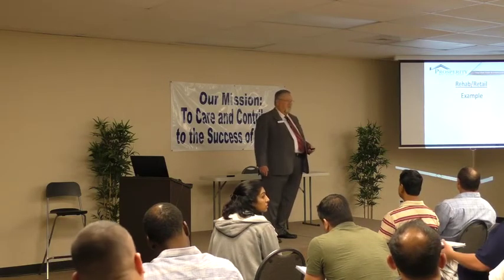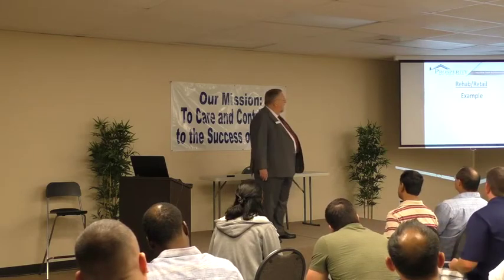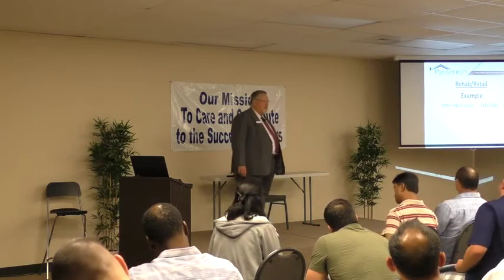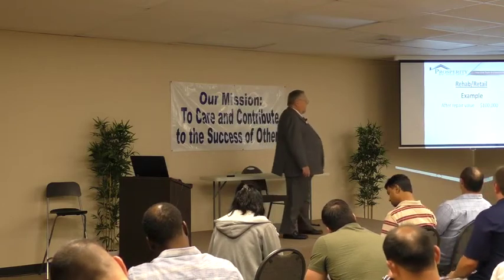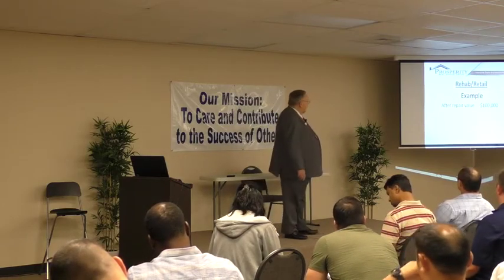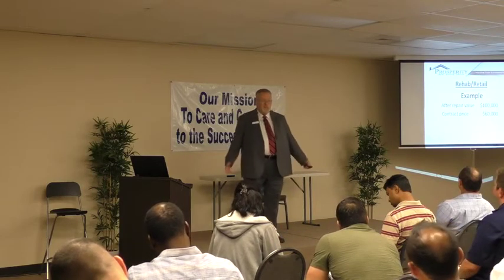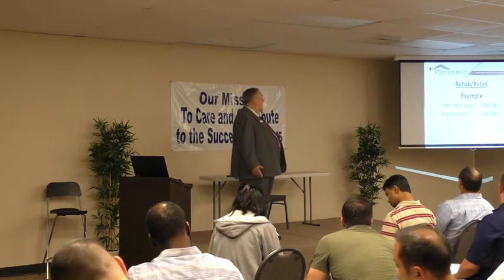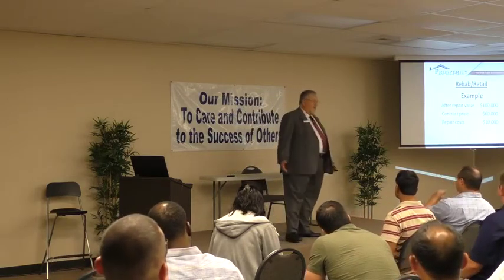And here's an example of a standard flip. This is a hypothetical. You have an after repaired value, or an ARV, A-R-V, of $100,000. You get that house under contract for $60,000. You're going to spend $10,000 in fixing it up.